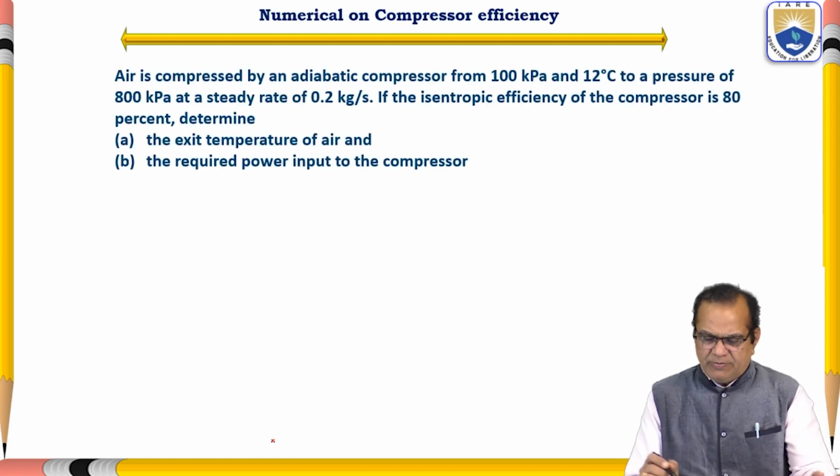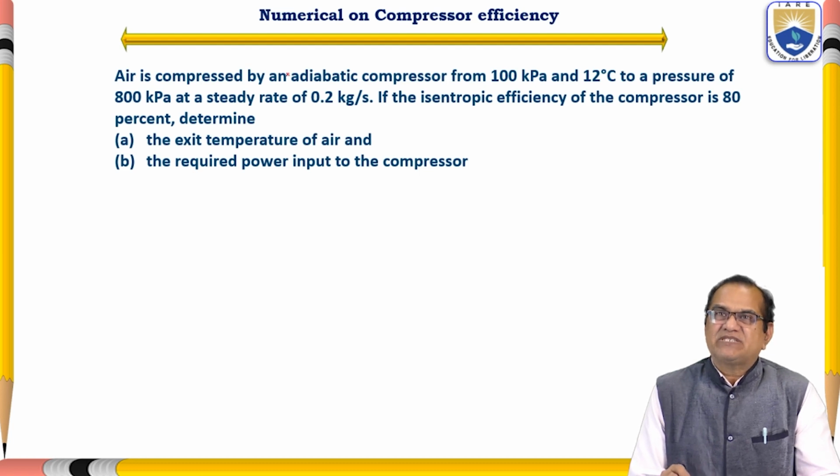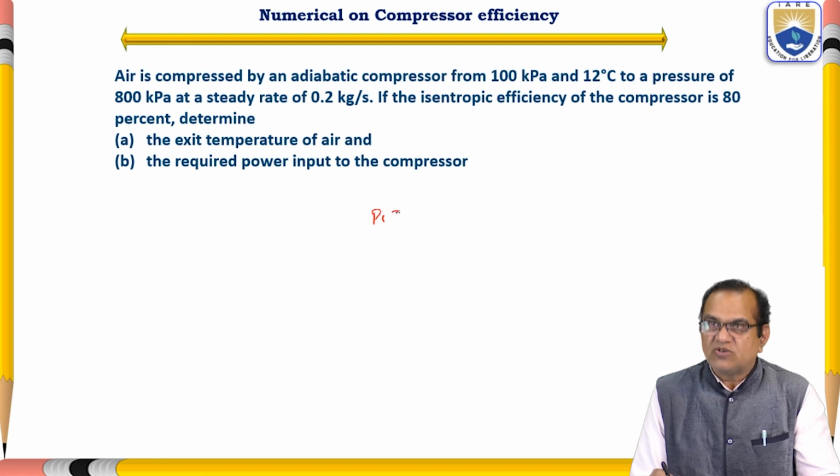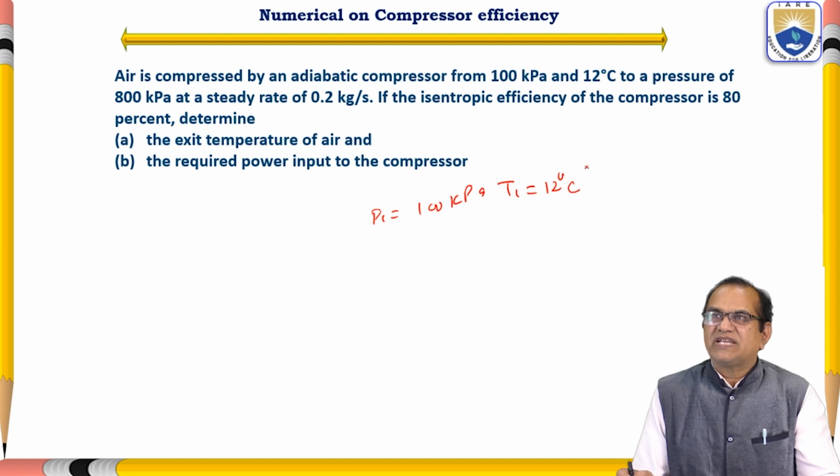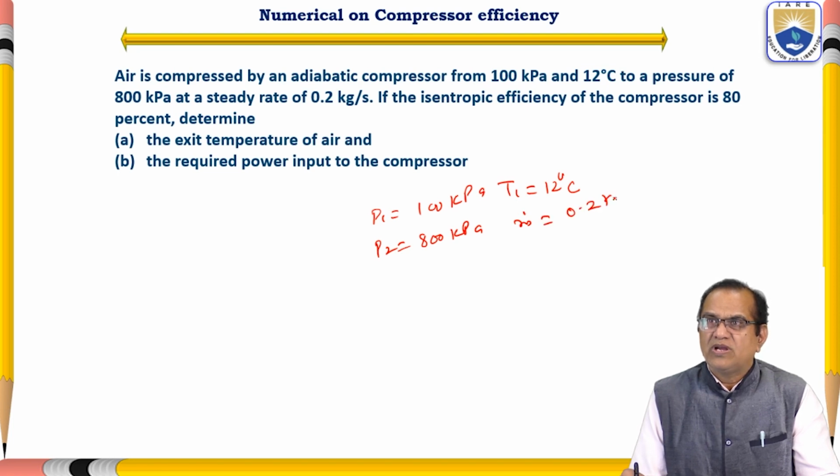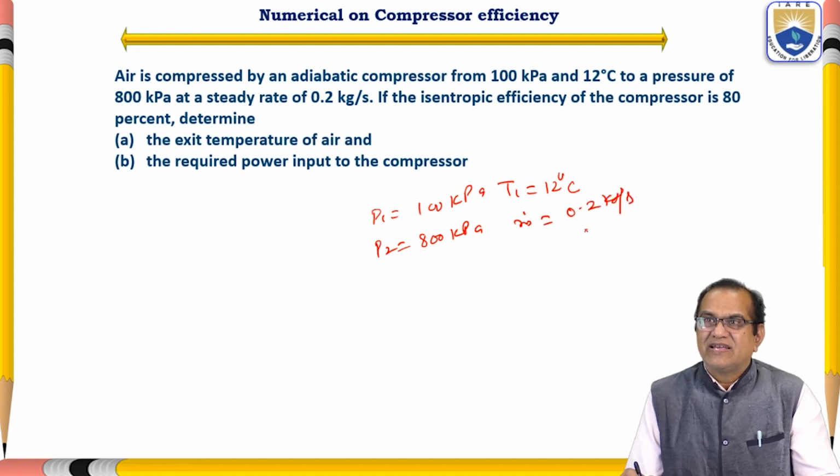So here, air is compressed by an adiabatic compressor from initially P1 equal to 100 kilopascal and T1 equal to 12 degrees centigrade to a pressure P2 equal to 800 kilopascal, and the mass rate is equal to 0.2 kg per second.